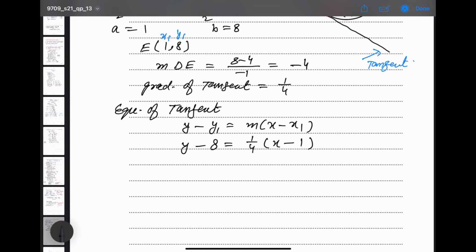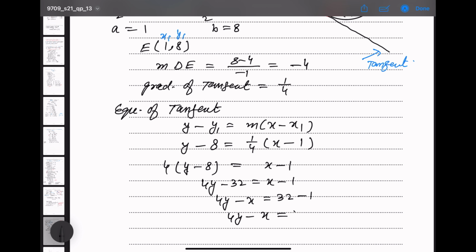We will write it in simplest form. By cross multiplying, it becomes y minus 8 into 4 is equal to x minus 1. 4y minus 32 is equal to x minus 1. 4y minus x is equal to 32 minus 1. 4y minus x is equal to 31. This is the equation of the tangent.